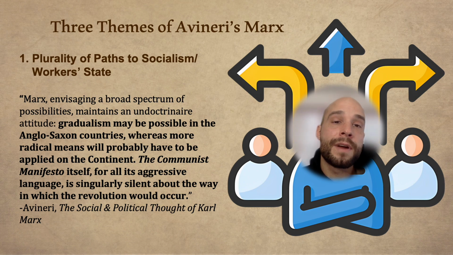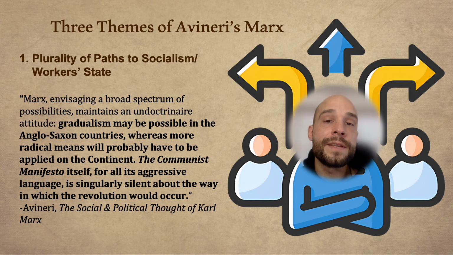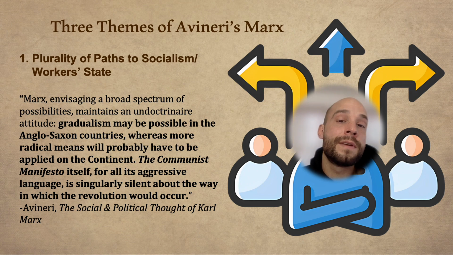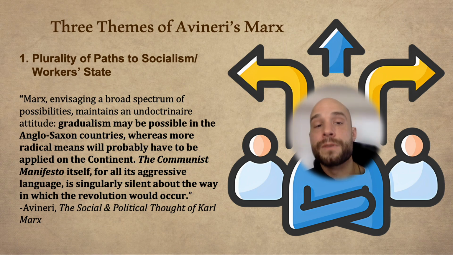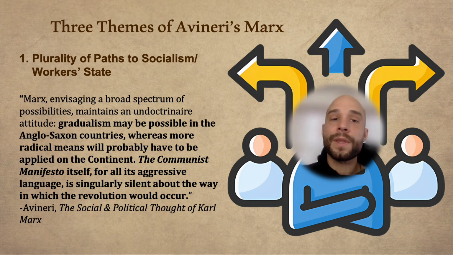Leninists insist that a revolutionary rupture is always necessary, regardless of context. Gradualists, on the other hand, treat reform as universally sufficient. Avineri rejects both positions as doctrinaire. For him, the route to a workers' state is not predetermined.